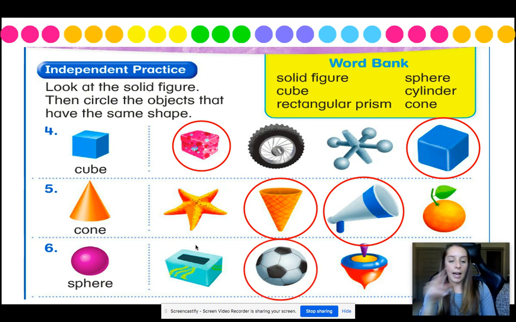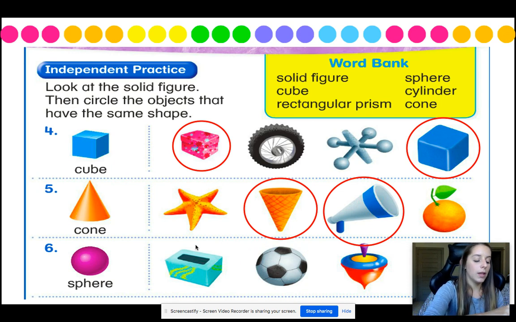Now, the last one that I have here is a sphere. So a sphere, looking at the first picture, it looks like a tissue box to me. Does a tissue box have that same rounded, curved on all sides? I don't think so. I think a tissue box looks more like a rectangular prism.